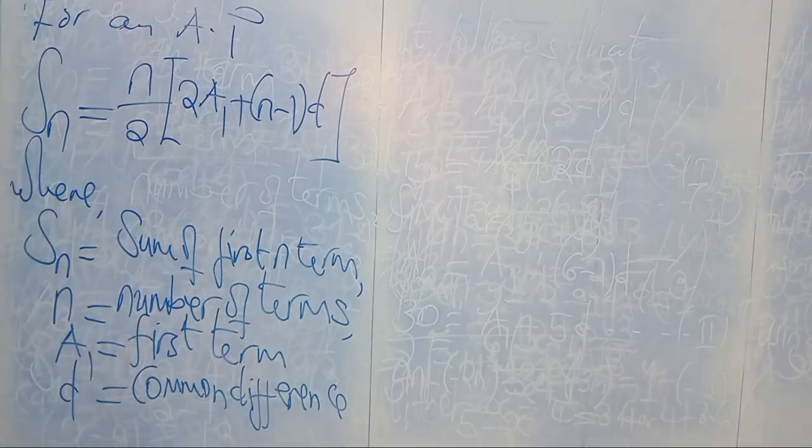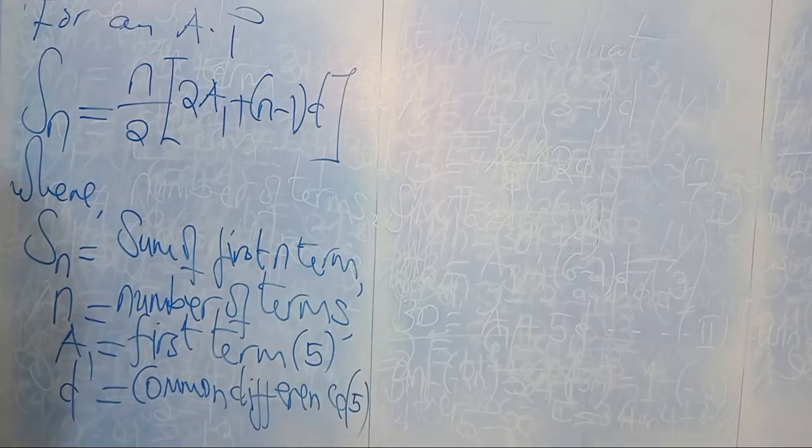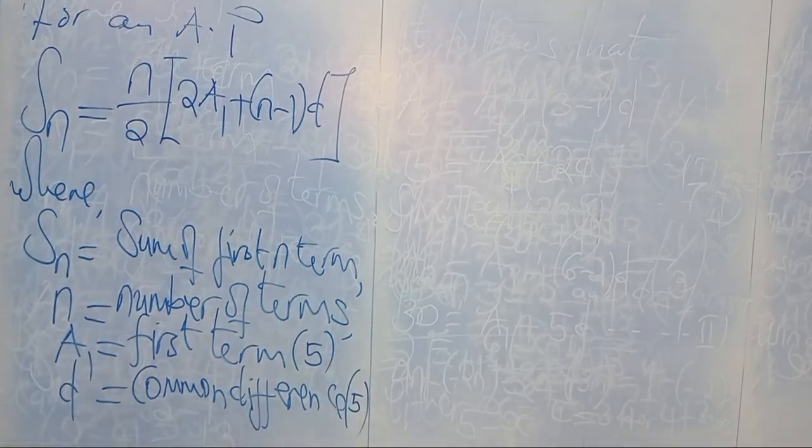Both A1 and d were calculated in the first step. Our A1 we got 5, and our common difference we also got 5. So next is to substitute these values.